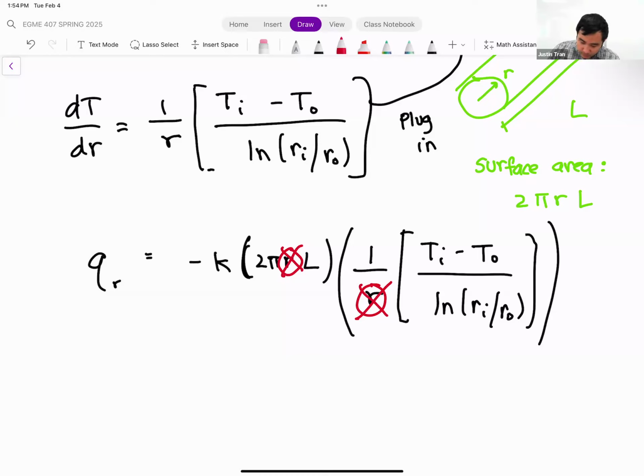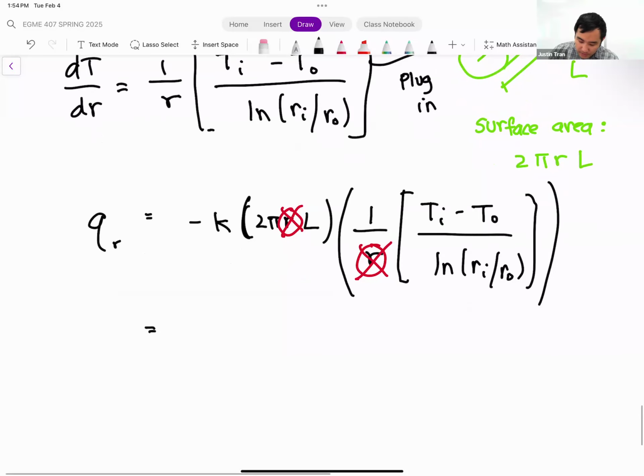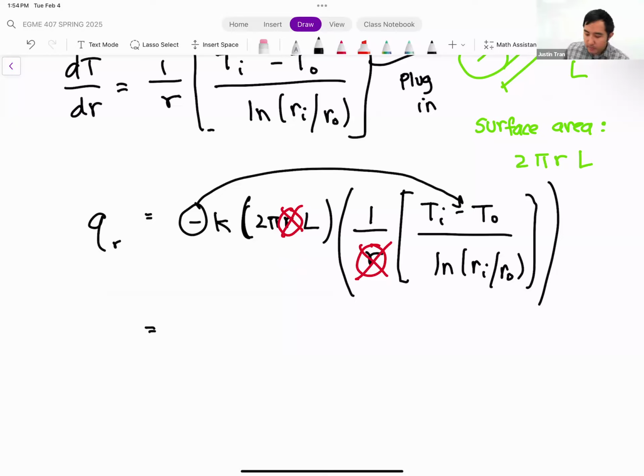And then I'm going to do a little bit of rearranging here just to make things more clear. First thing I'm going to do is take this negative sign and pop it onto the inside here. That negative sign is going to swap the directions of those two terms.